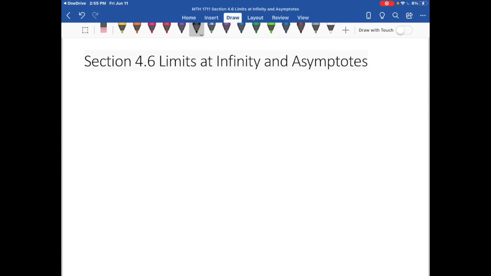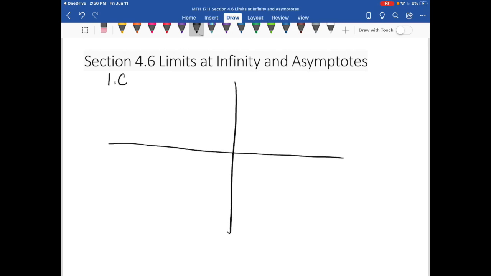We have talked about this before in college algebra, but not in terms of limits. When we talked about end behavior in college algebra, we did that in terms of the sign of the leading coefficient and the degree of the polynomial.